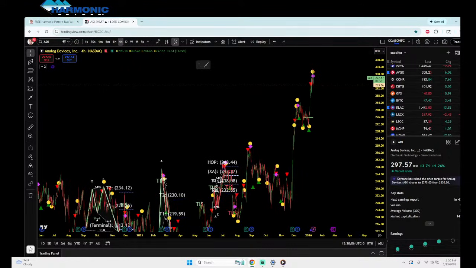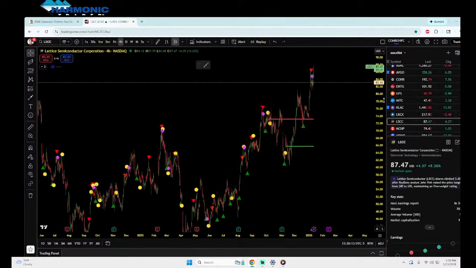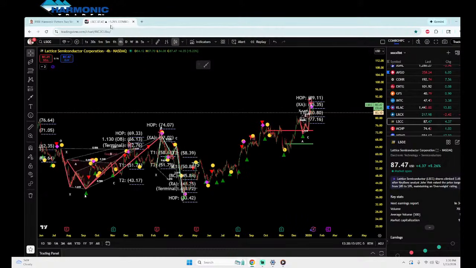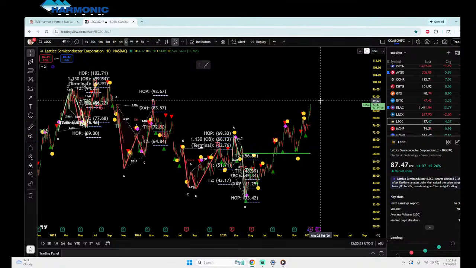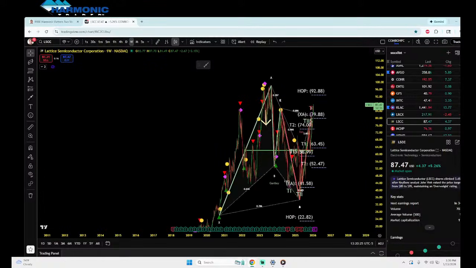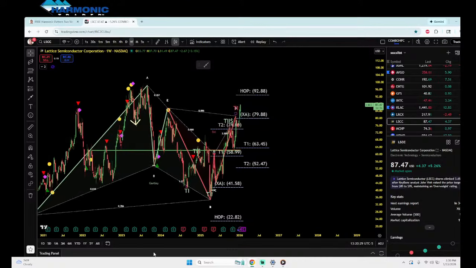No, it was Broadcom because of the dot from yesterday. Lattice Semi. Yeah, Lattice Semi is a lot like LRCX, and that's up 4 today. But these are coming around after last year's retracement. They put in higher lows back in November. Yeah, that was it. The monthly Gartley, weekly Gartley.